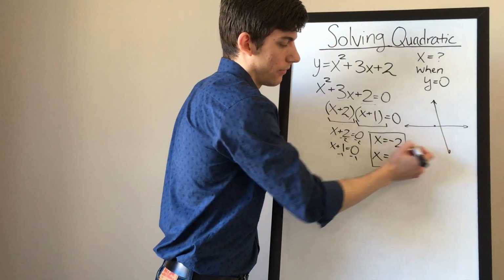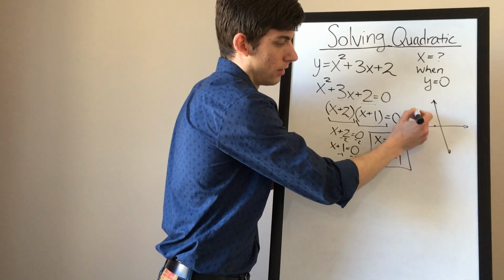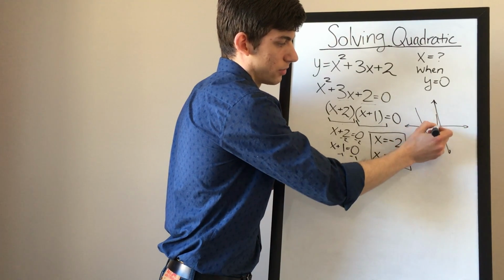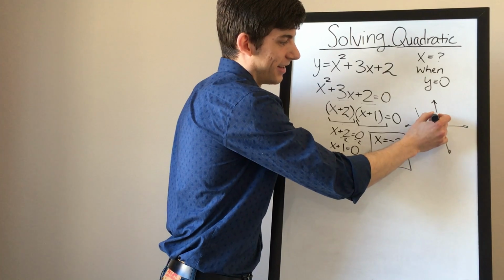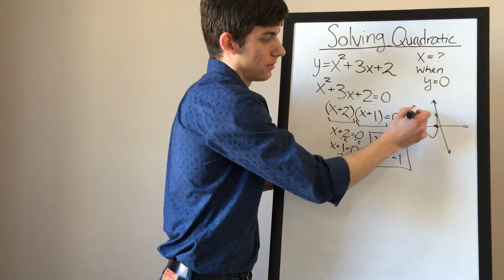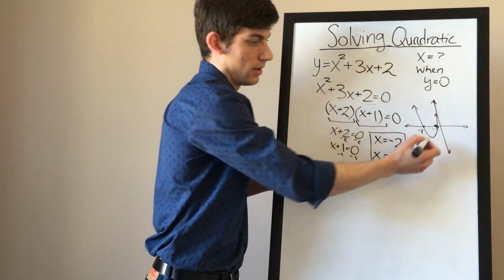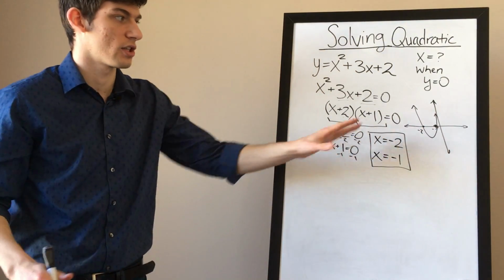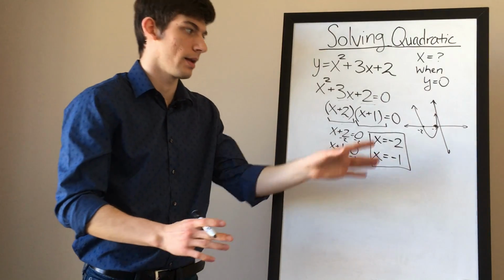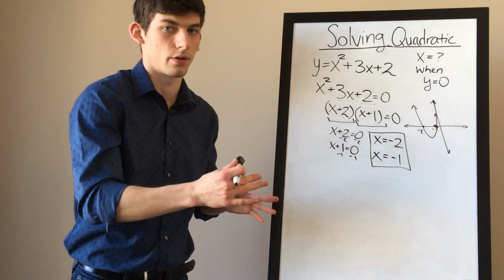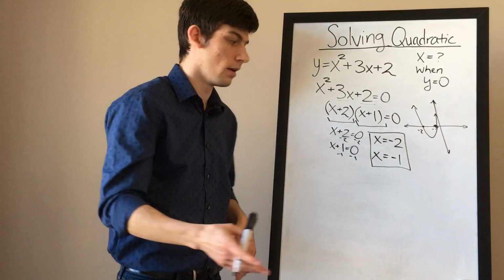So graphically, if you got this, you would know that this parabola intersects the, oops, I totally missed that, that's my bad. Intersects the x-axis at points -2 and -1. So that's just for a little bit of context. That's what it means graphically. That's not directly what's important right now. I just wanted to give an understanding.